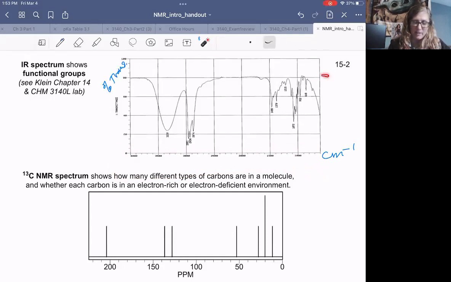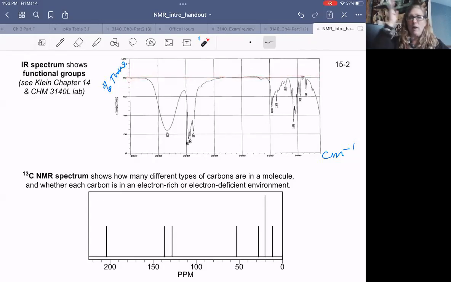this is our baseline, right up here. So if we pass a beam of infrared light through our sample, and if no light gets absorbed, if there was no sample, if it was just a blank, then it just goes straight through, and we get 100% transmission, or some amount close to 100%. So nothing happens.